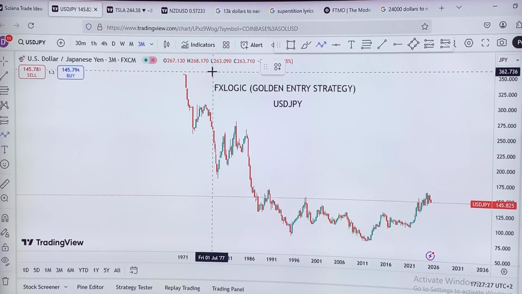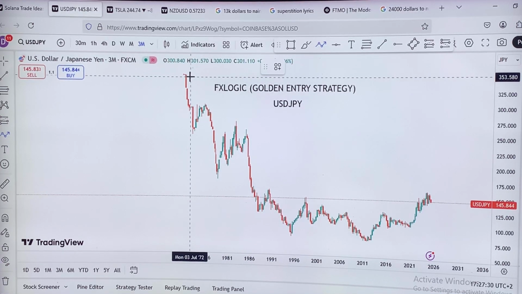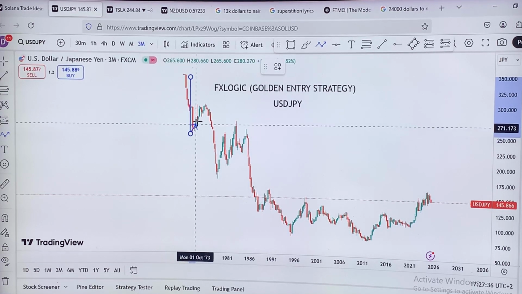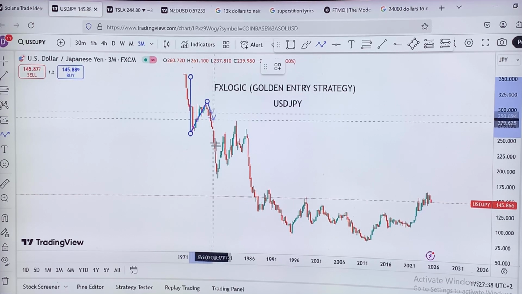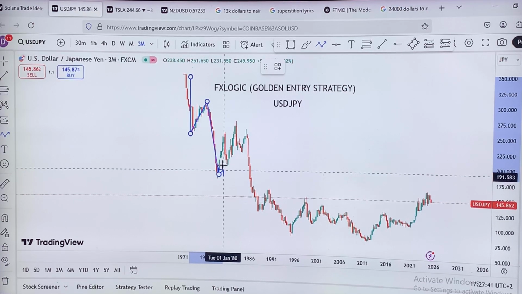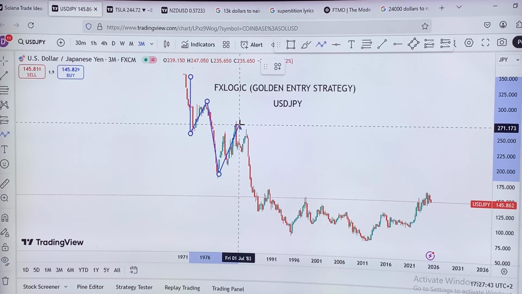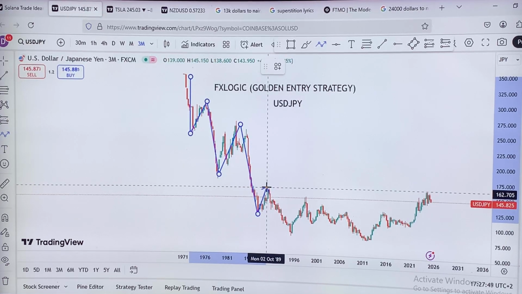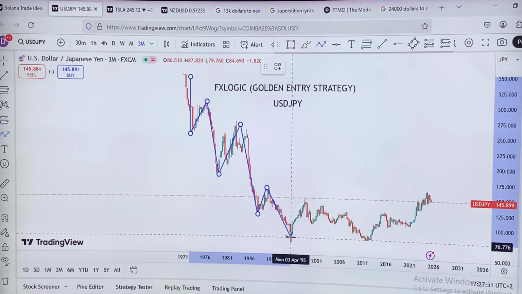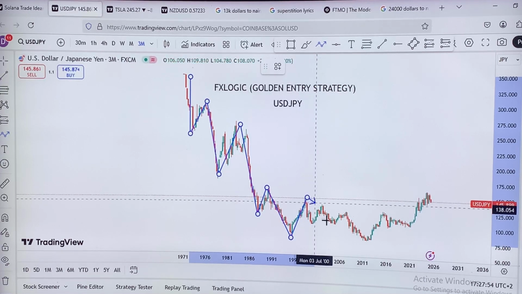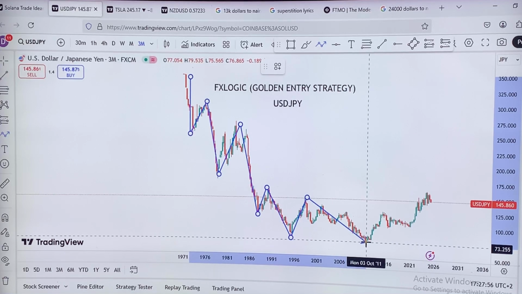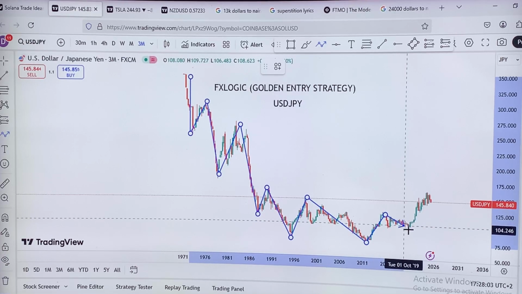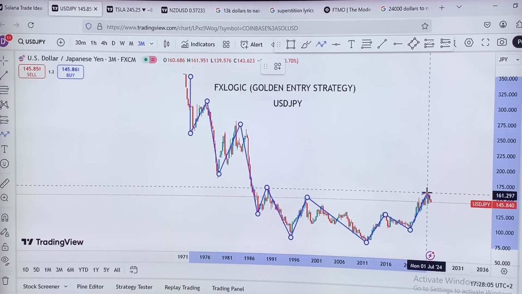So we're looking at the most obvious levels. So this is high, low, lower high, lower low, lower high, lower low, lower high, lower low, lower high, lower low, lower high, higher low, higher high.